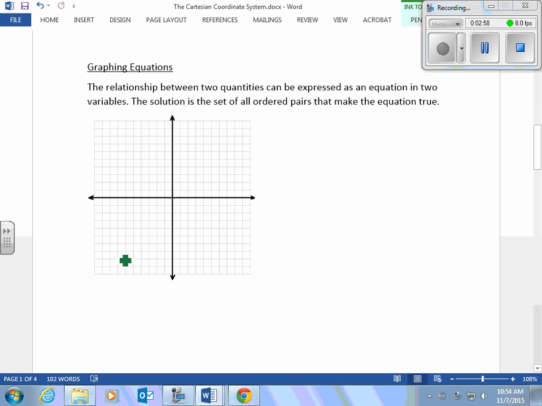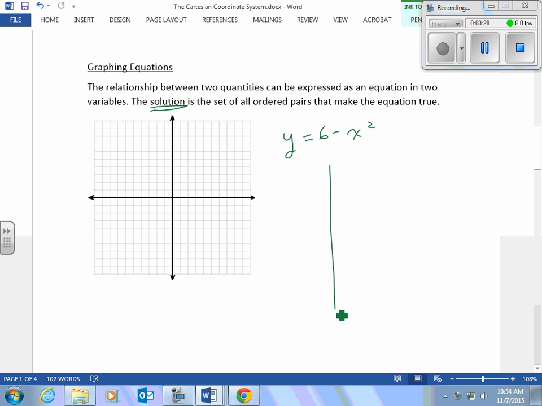When it comes to graphing equations, an equation is often used to express a relationship between two quantities or two variables. The solution to the equation is the set of all the ordered pairs that make the equation true. As an example, y equals 6 minus x squared shows the relationship between x and y.